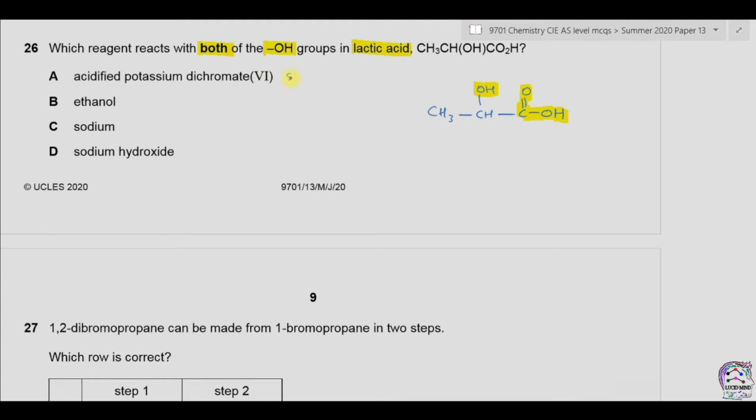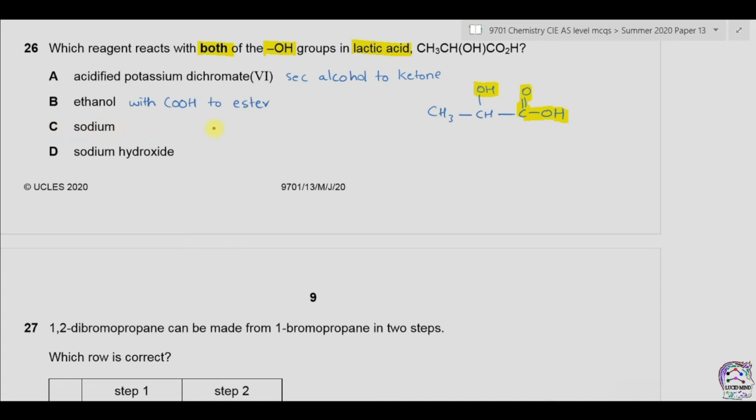It can oxidize secondary alcohol group to ketone. B says ethanol. Ethanol can react with the carboxylic acid functional group to form ester. So it reacts with COOH to form ester.